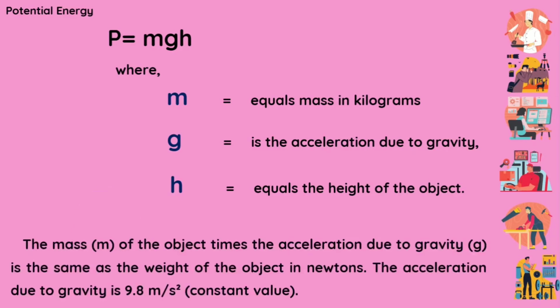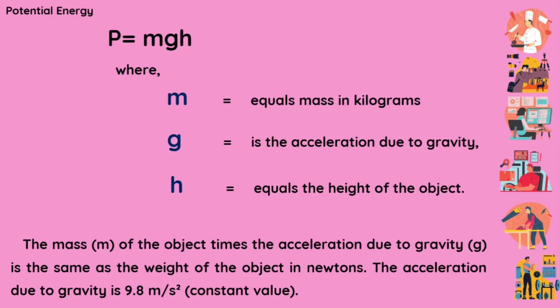So don't worry. The mass of the object times the acceleration due to gravity is the same as the weight of the object in newtons. The acceleration due to gravity is 9.8 meters per second squared, and that is the constant value. So, I think napag-aralan na natin yan when our topic was about acceleration due to gravity.